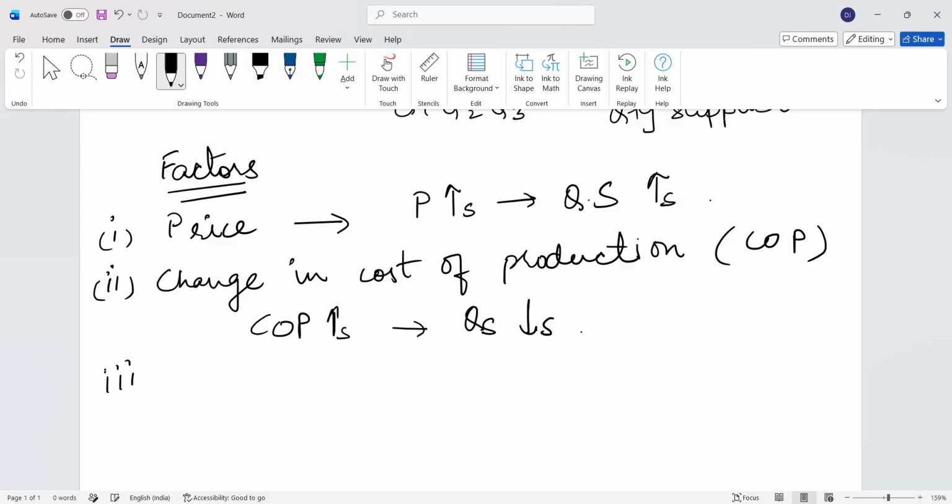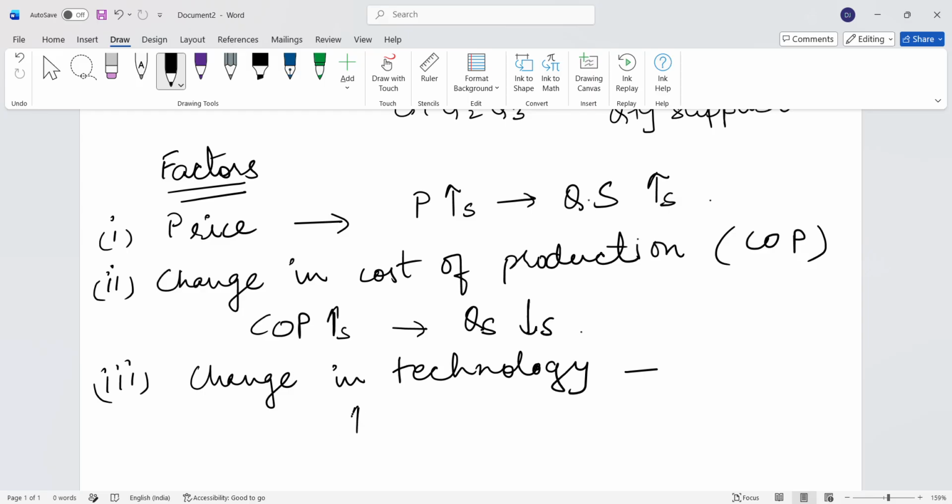All right. Then the third factor affecting supply is change in technology. With this, what happens is that if there is an advancement in technology, an increase in technology, then the supply increases.